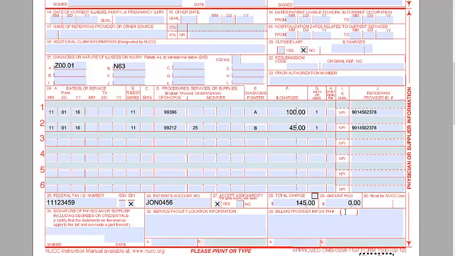And now we can go ahead and fill out the information for our billing provider, which is the clinic. Notice that I go ahead and I put in our 10-digit phone number. I use no punctuation. And I'm putting in the information for the clinic here.